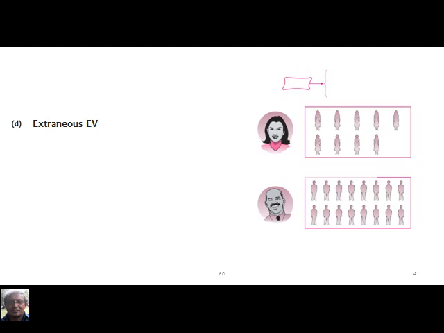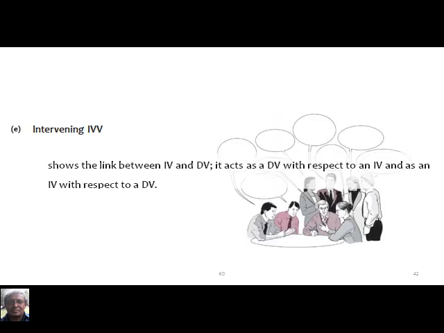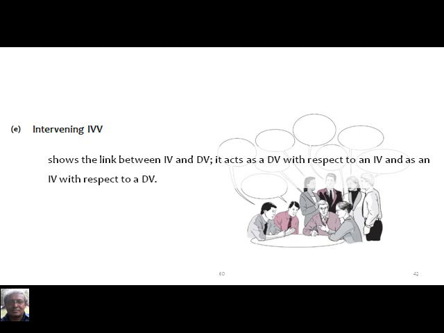Extraneous variable, EV, is a random variable that has little impact on the relationship. Intervening variable, IVV, shows the link between IV and DV. It acts as a DV with respect to an IV and as an IV with respect to a DV.